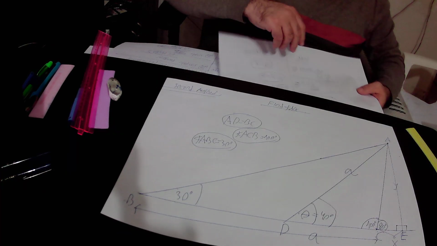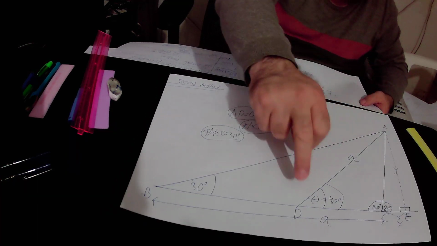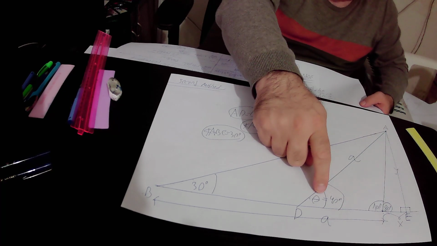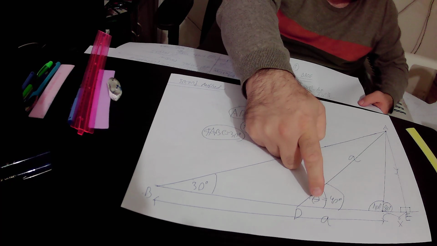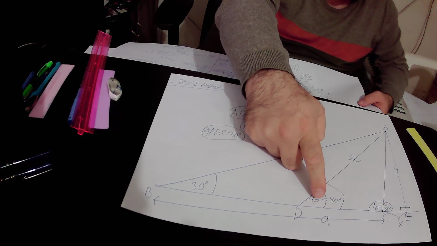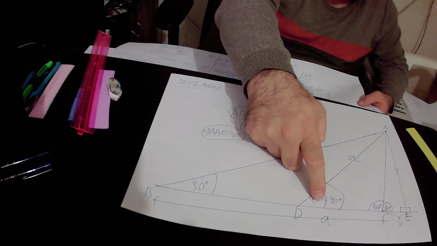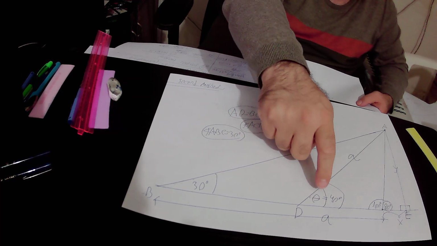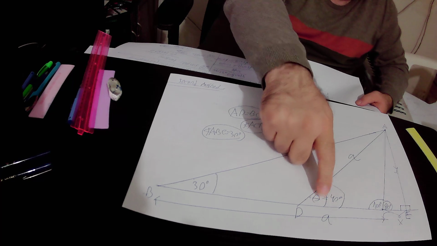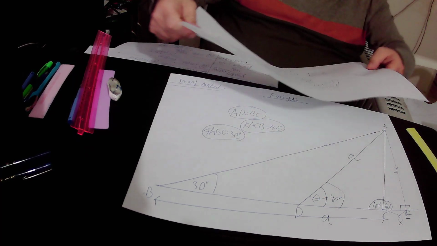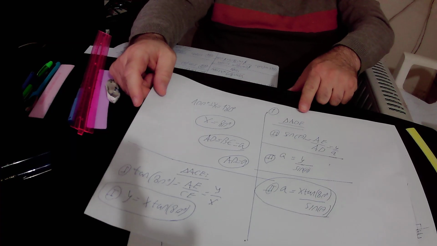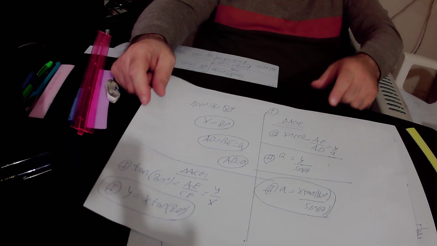Then we focused on the right triangle, triangle ADE. We defined the angle that we are looking for, angle ADE, as angle theta. So here we know that sine theta equals AE over AD.